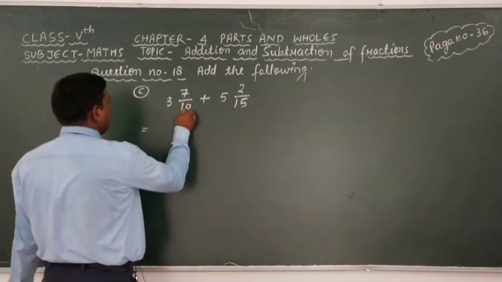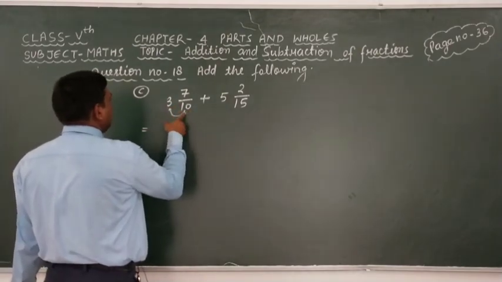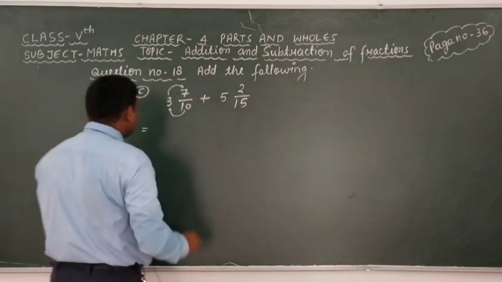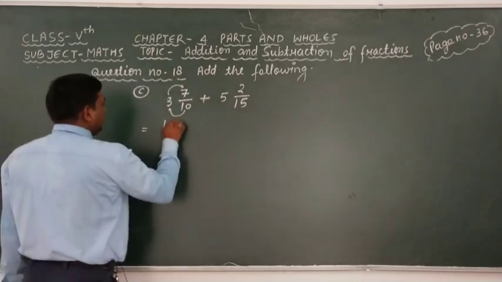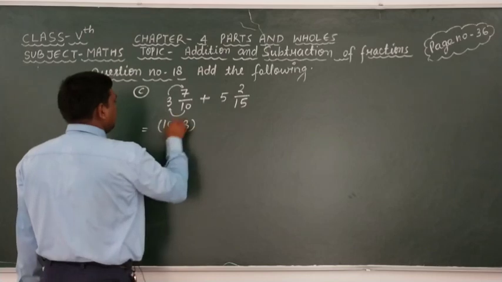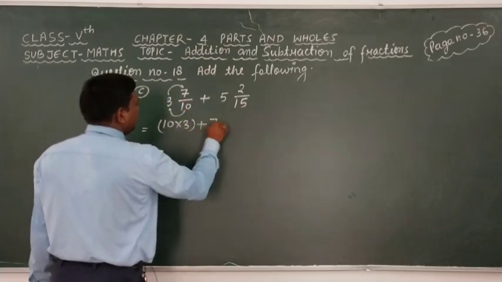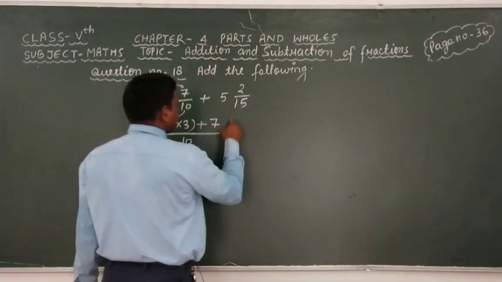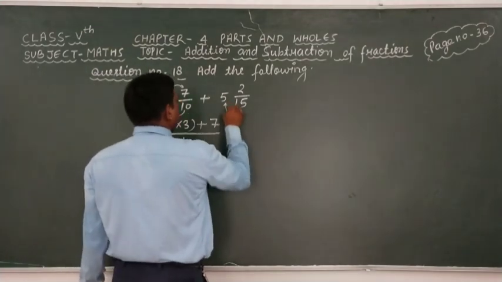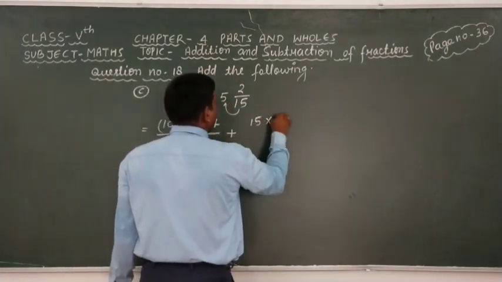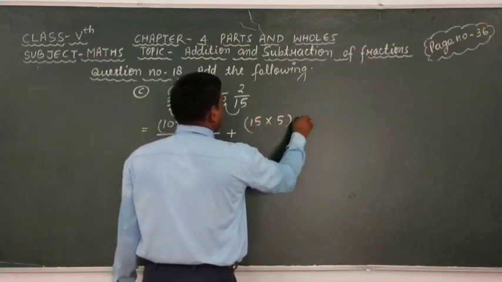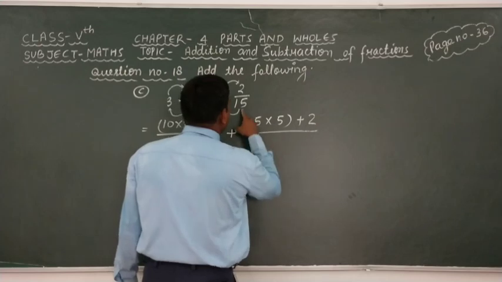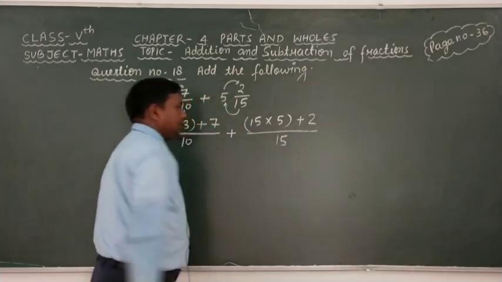Firstly we take the multiplication of 3 and 10, then add 7. Look, 10 into 3 plus 7 total upon 10, plus 15 into 5 plus 2 total over 15.